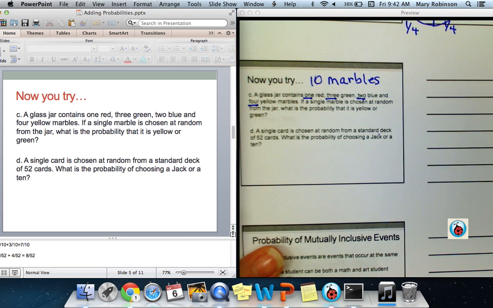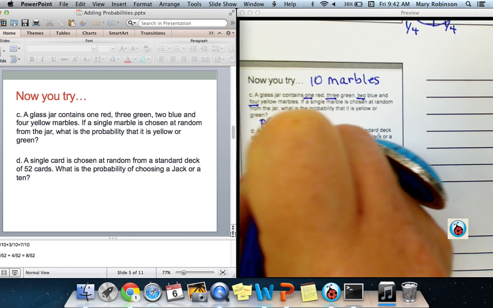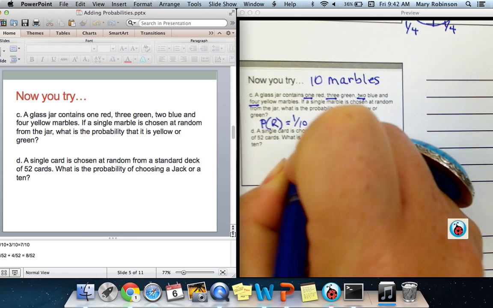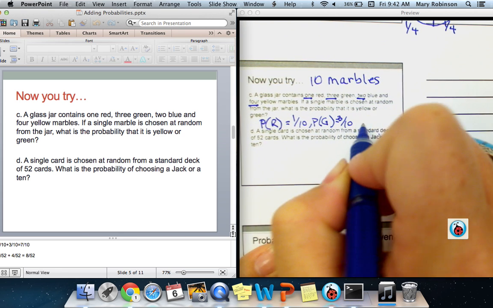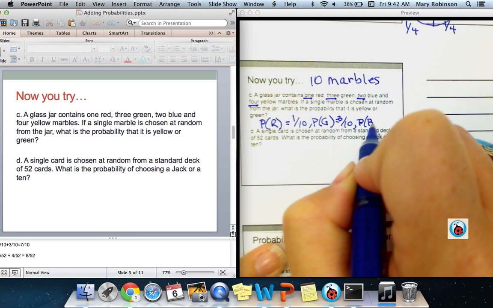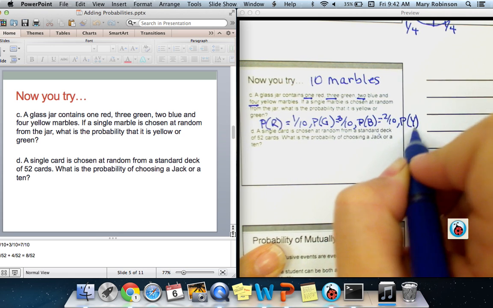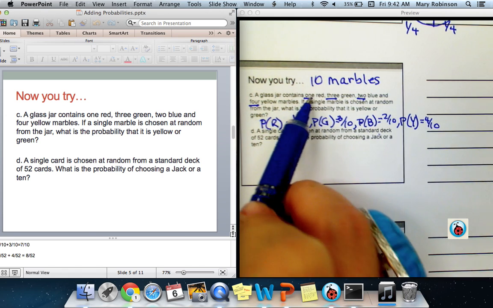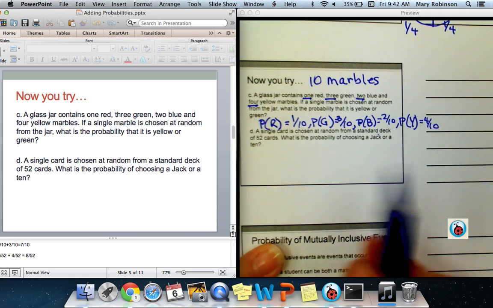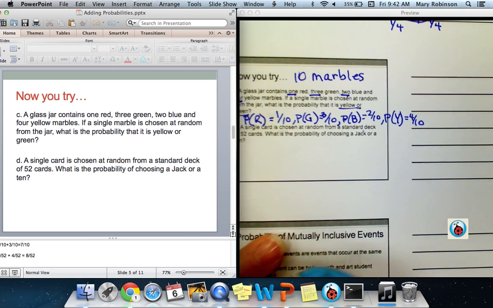10 marbles altogether. We can actually find that the probability of red is going to be 1 out of 10. The probability of green is going to be 3 out of 10. The probability of picking a blue is 2 out of 10, while the probability of picking a yellow will be 4 out of 10. And that's just from understanding how many there are of each color out of the total. But we are asked, what is the probability that it is yellow or green?